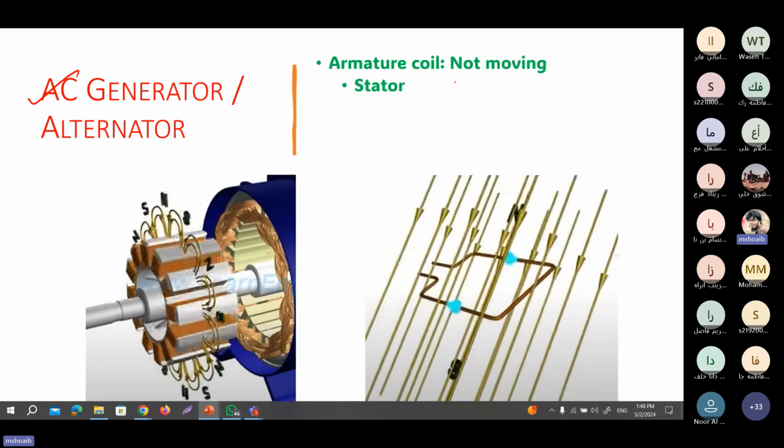Here the field rotates. The field, this north and this south, is rotating, so it is connected with the rotor, and the conductor here is not rotating. This one is fixed.